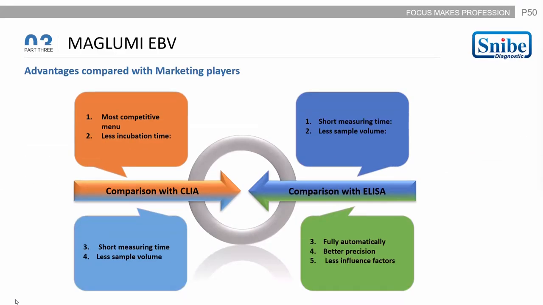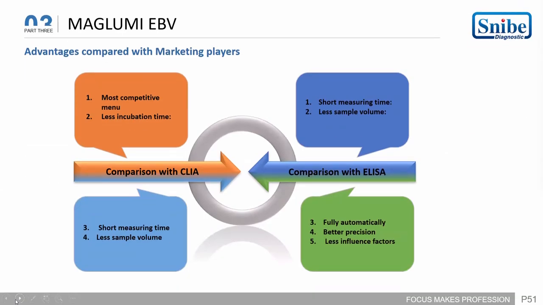What are the advantages of the Maglumi EBV compared with the other market players? We have the most competitive menu among all the other autoimmune assay competitors in the IVD market, a very comprehensive menu, and a very short incubation time.